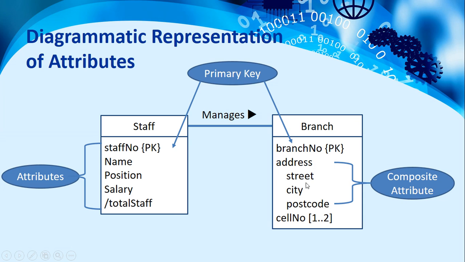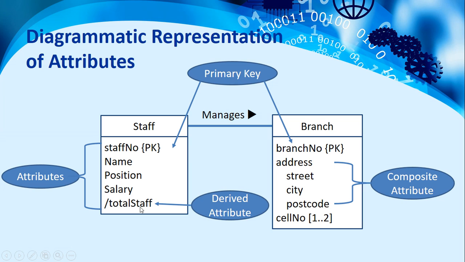So this address is a composite attribute composed of street, city, and postcode attributes. And then the total staff is a derived attribute because it is marked with a slash. This is how you denote that an attribute is derived, by simply putting a slash at the very front.